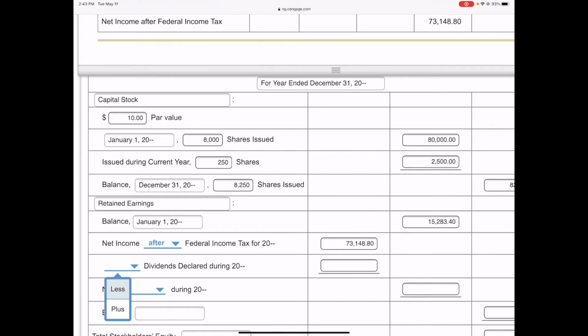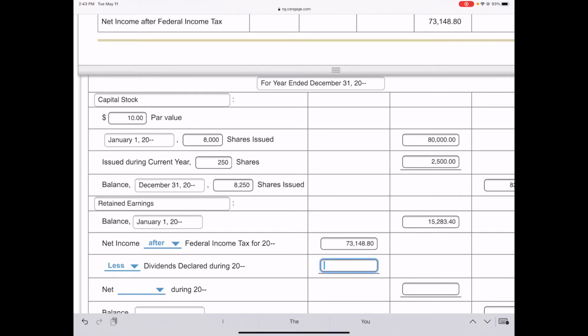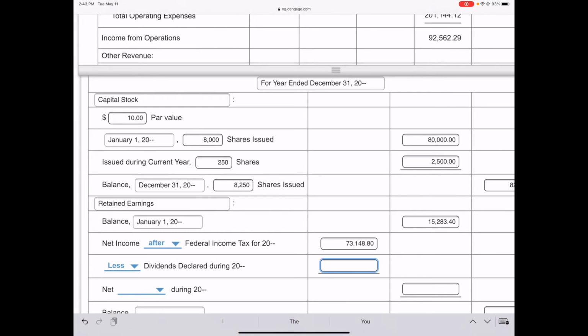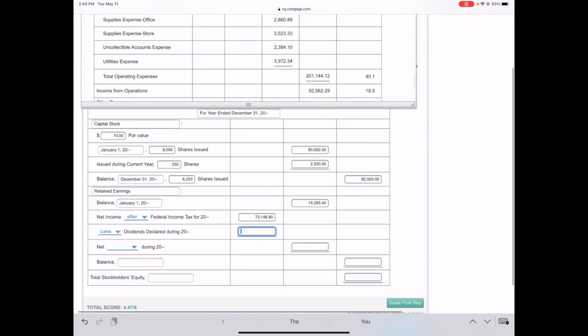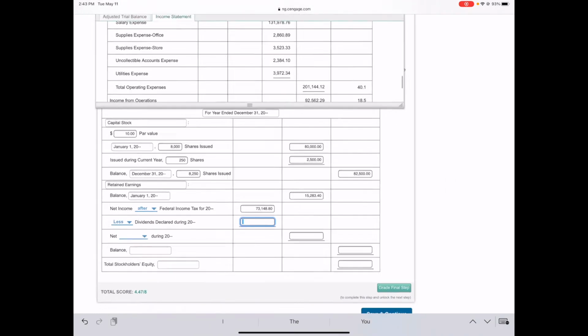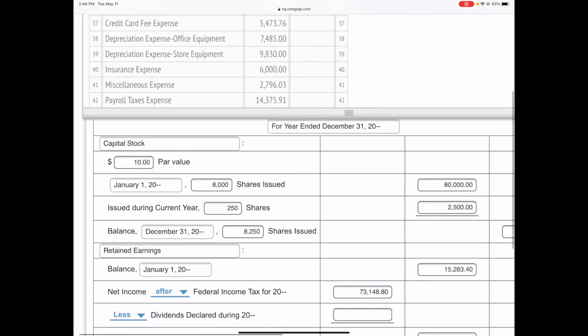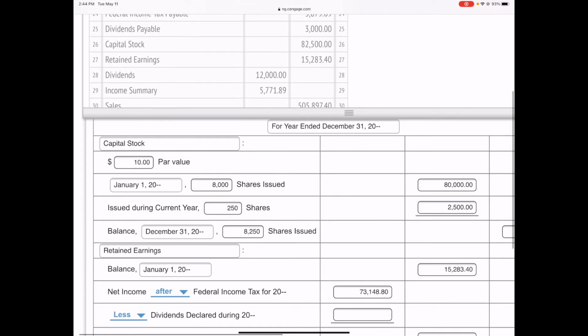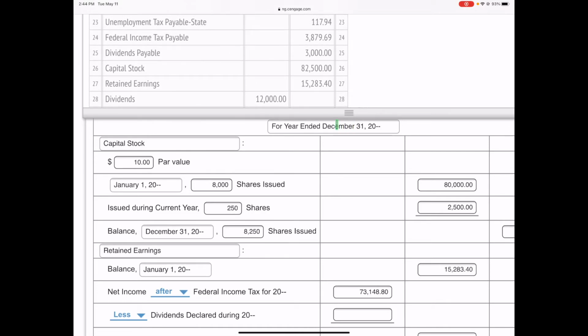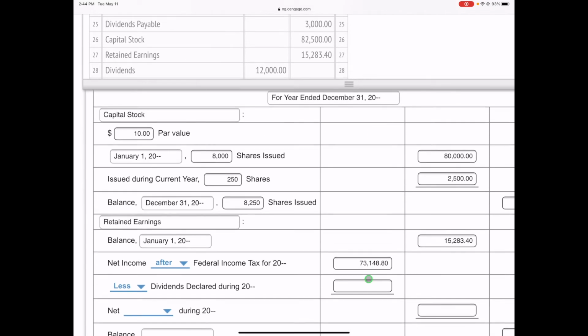Then if we declare dividends, we have to subtract that from our balance because we are paying our stockholders. So now we need to go up and figure out what our dividends are. So we'll jump back to our adjusted trial balance, find our dividends, and we can see right up here we declared $12,000 in dividends.